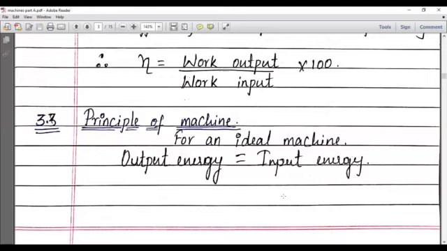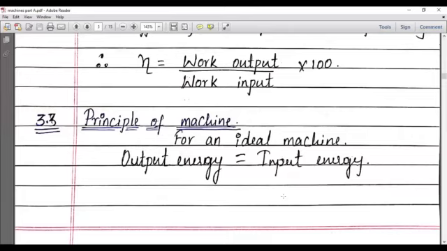That is the energy given by you to the machine. So that is nothing but effort into displacement of the point of application of effort. We know that work done is nothing but force into displacement.